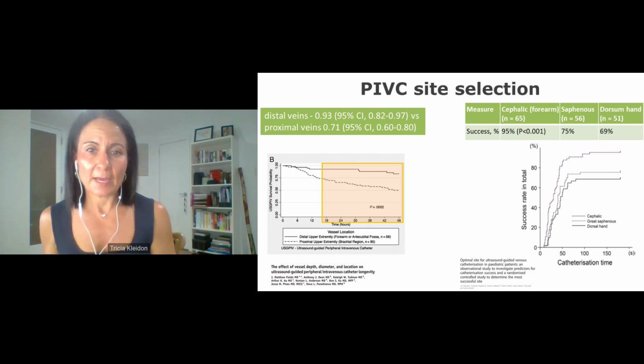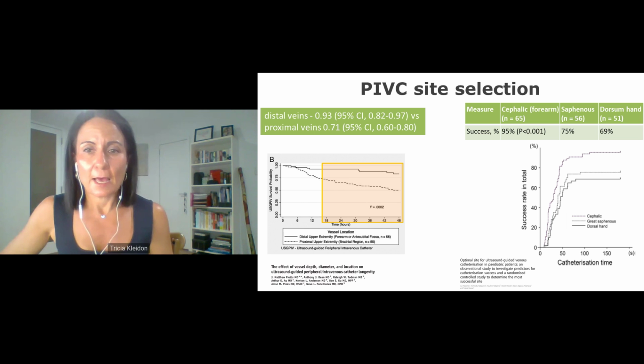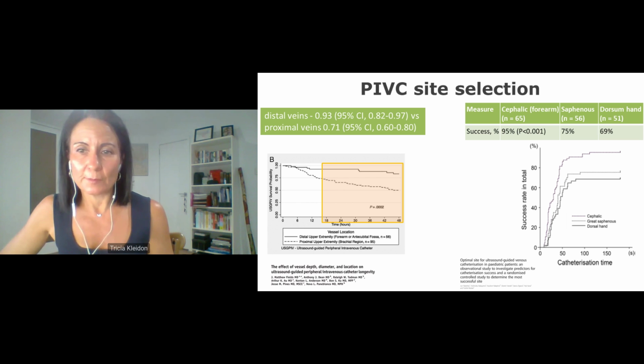And in paediatric patients, this randomised controlled trial by Takeshita showed that catheterisation success rates were significantly greater at the cephalic vein in the forearm than in the dorsum of the hand or the greater saphenous.